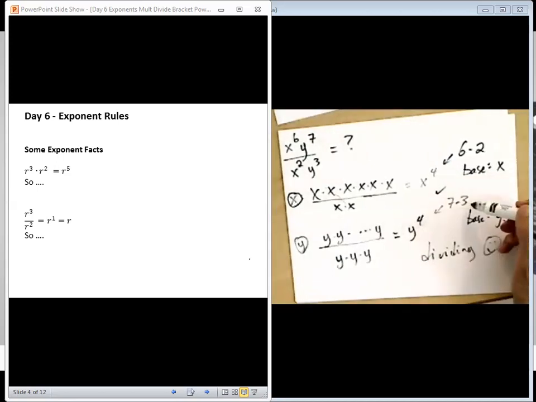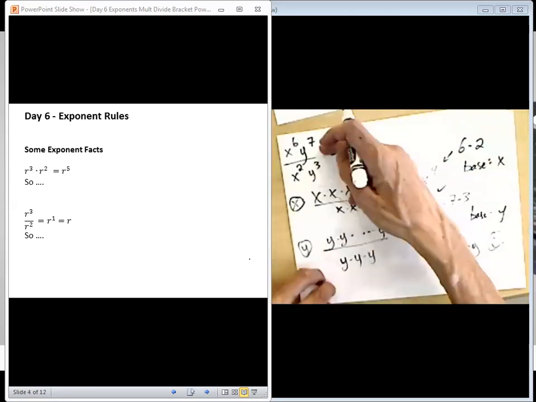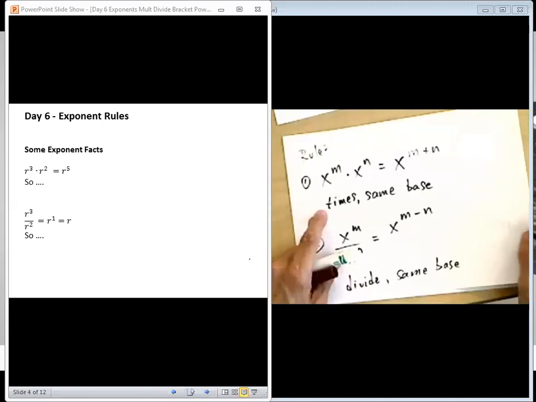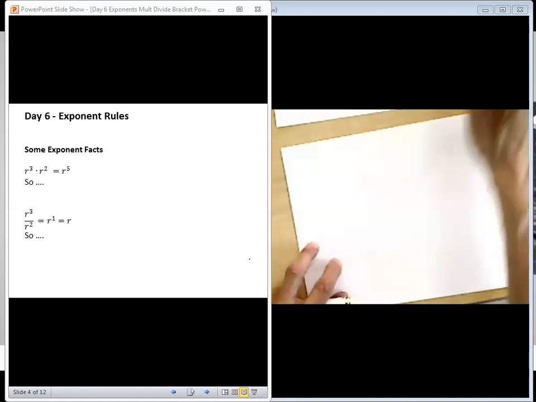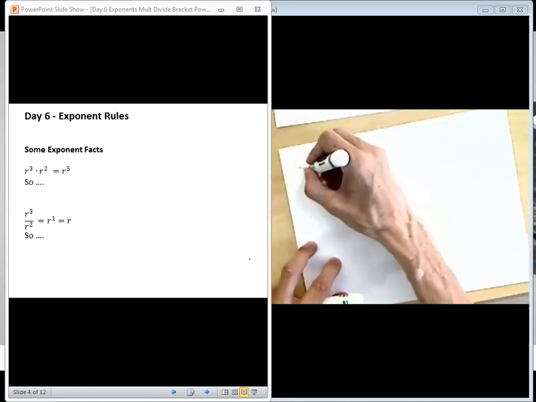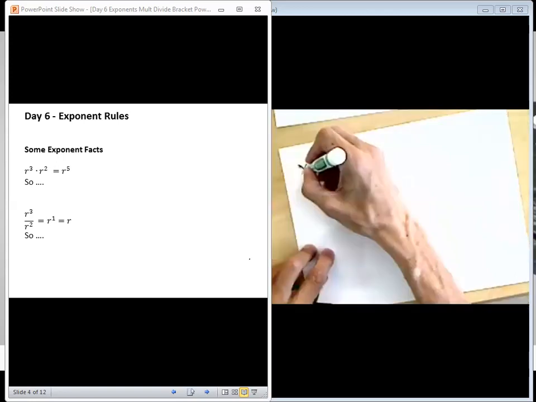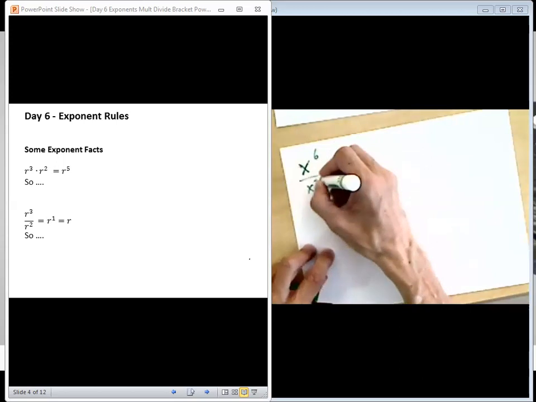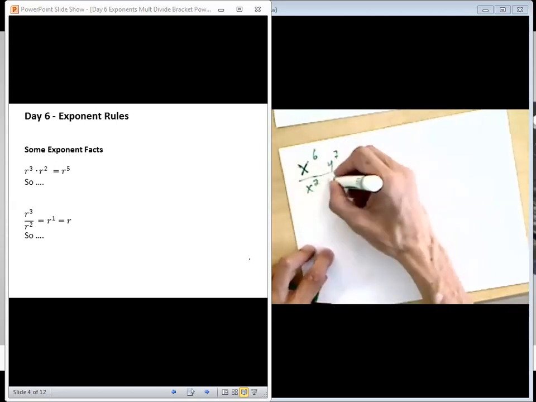Okay. So what you're saying, I'll do this question a different way, with what I just showed you. What do we have? We had x to the 6 over x to the 2, y to the 7 over y to the 3.